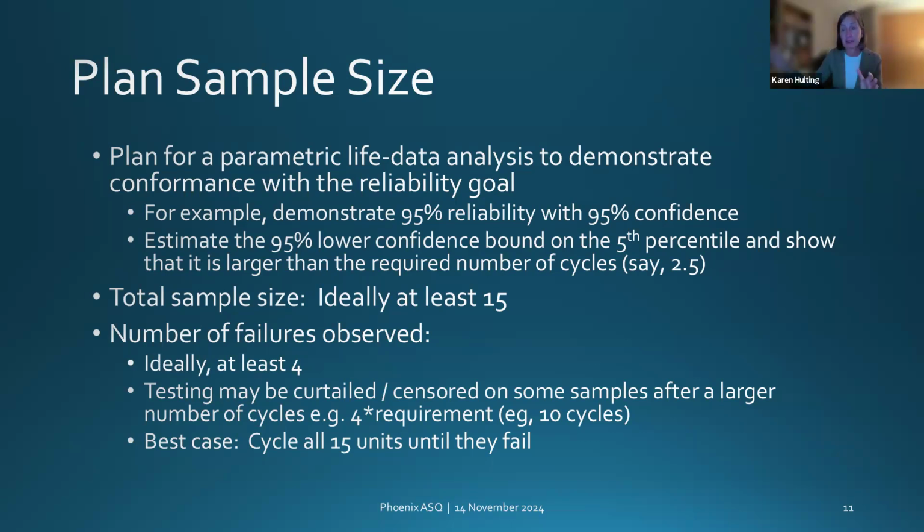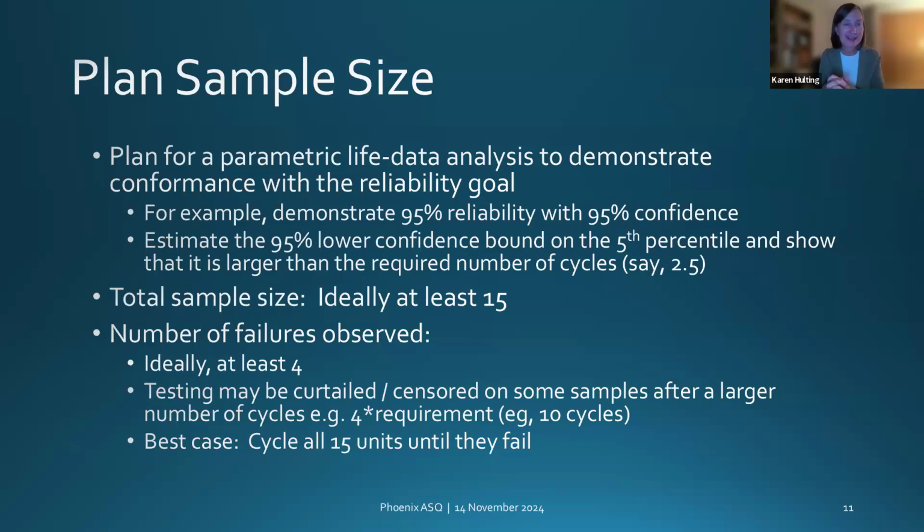Now, I would love it if I could talk folks into 30 or 45 or some larger number of tests. But I find in this area of cycles to failure testing, it is a hard enough sell already. And so I'm going to be pretty happy if I can talk folks into double digits, right? At least 15 samples.